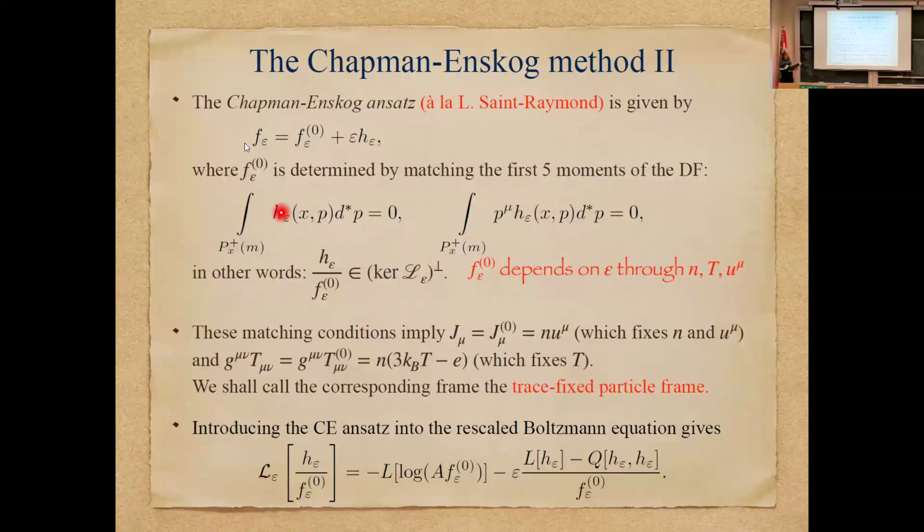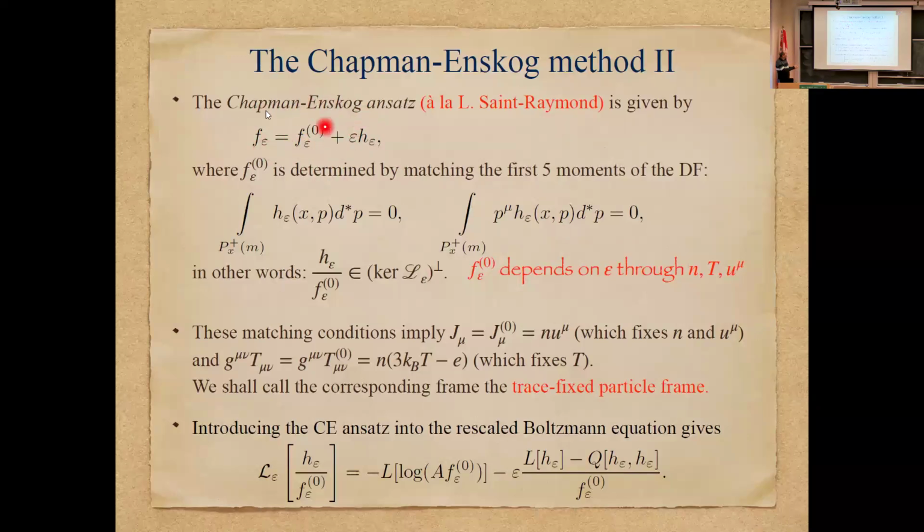So now this is the new perturbative ansatz, which looks very similar to the previous one, but with one crucial difference. By the way, this is something that is done in the non-relativistic setting by Laure Saint-Raymond, how she presents the Chapman-Enskog method, which I found much clearer than the physical literature.